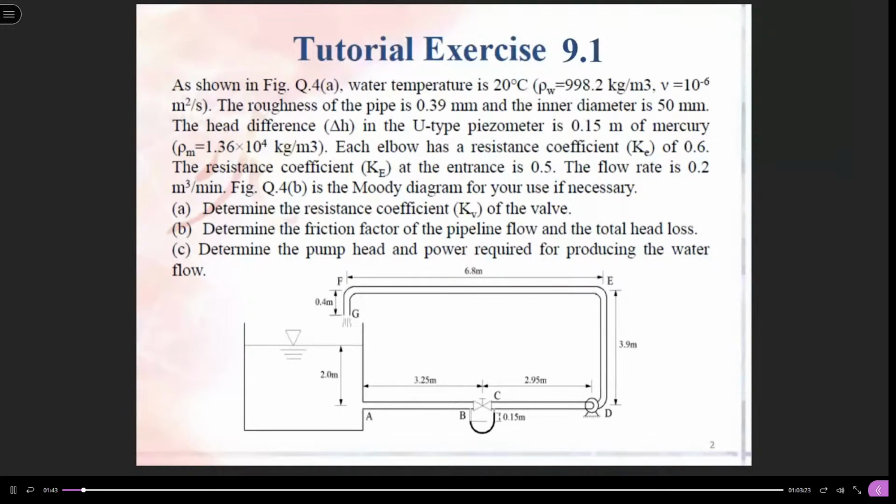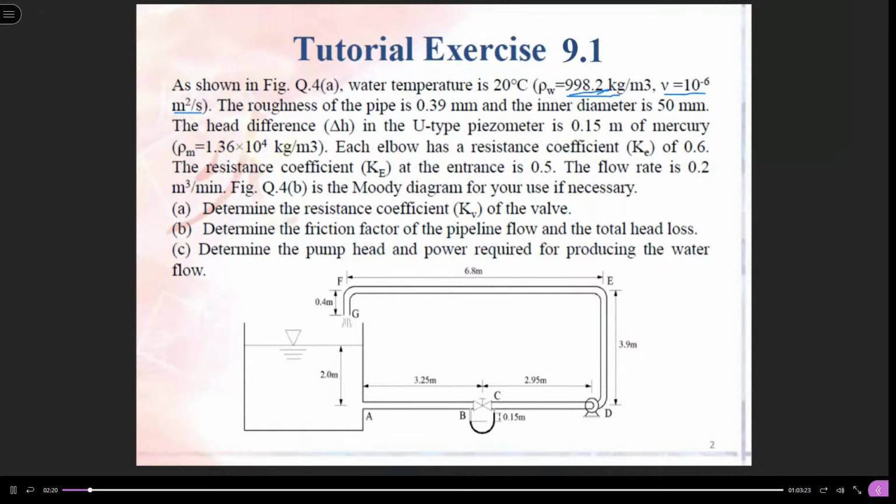Okay, now look at the first exercise. As shown in this figure, water temperature is 20 degrees, and the density of water is this value, and the kinematic viscosity of water is 10 to the power of -6 square meter per second.